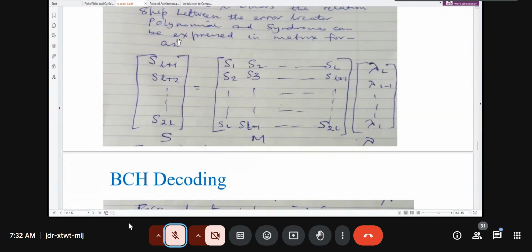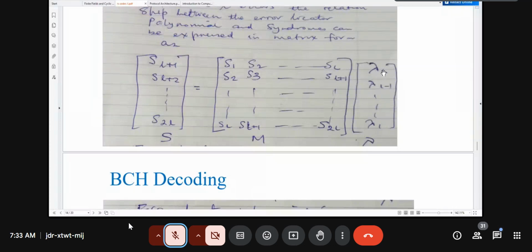So if it's a 2-bit error correcting code, then L is equal to 2. You see, this one goes from L plus 1, L plus 2.